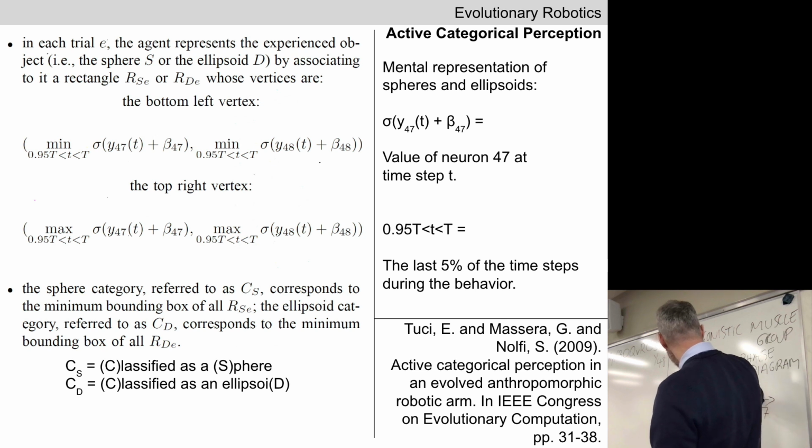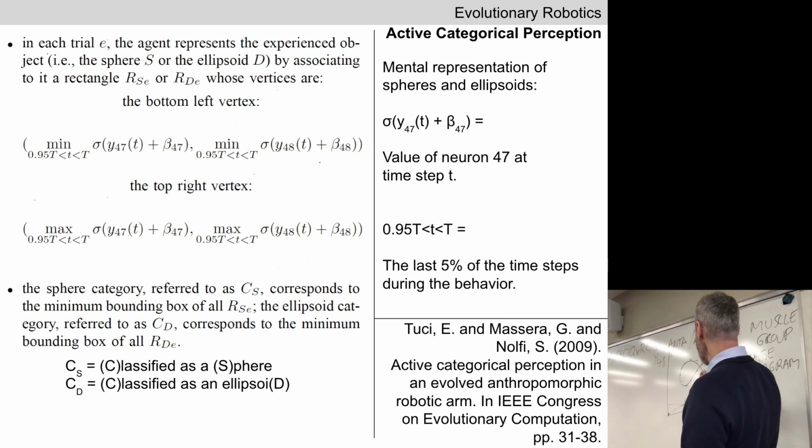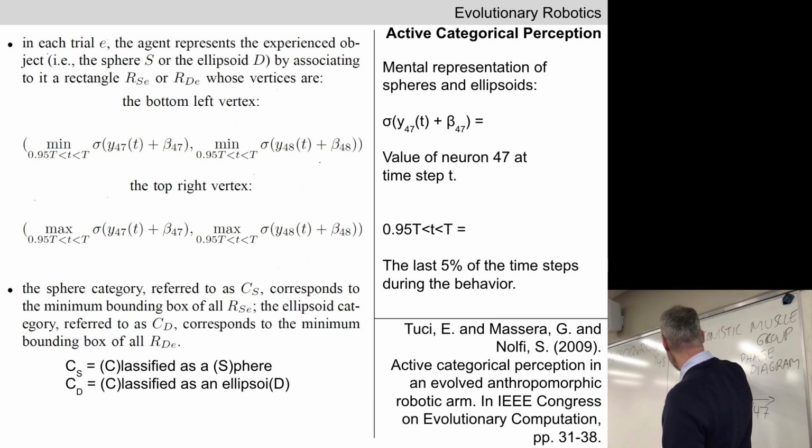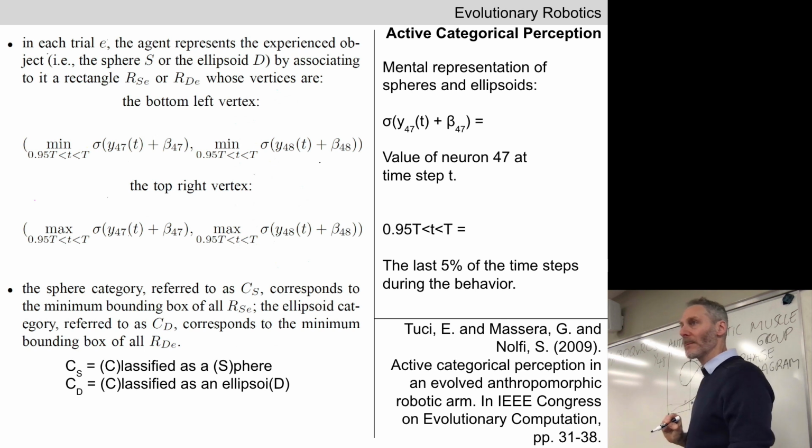This is the maximum value that 47 ever achieves during this short time window. The minimum value of 47 during this short time window is this little point here.